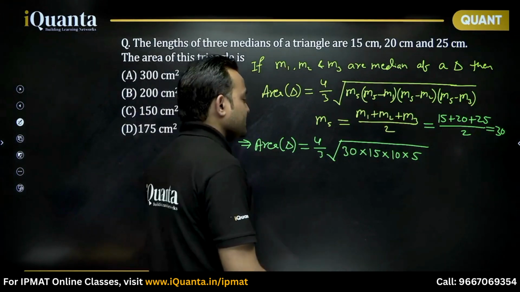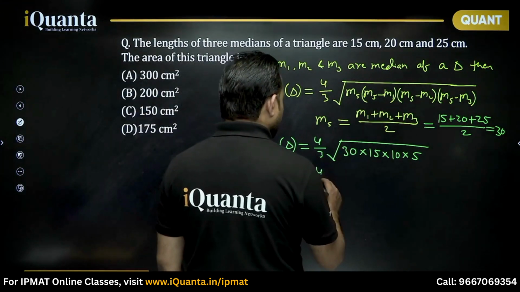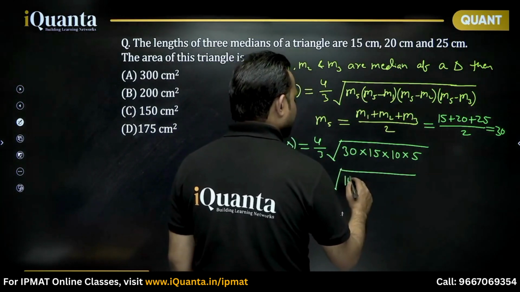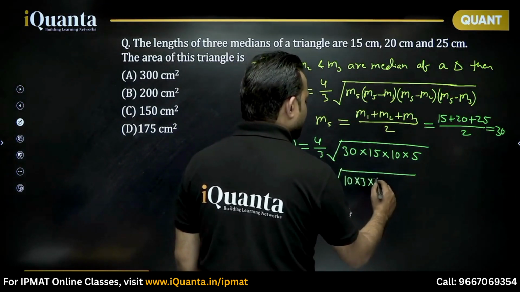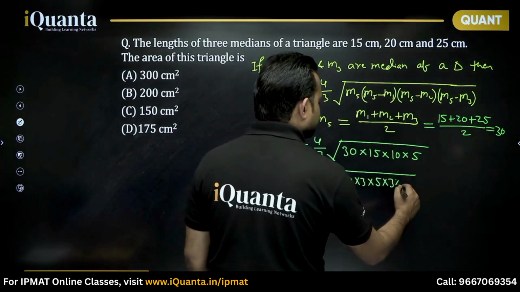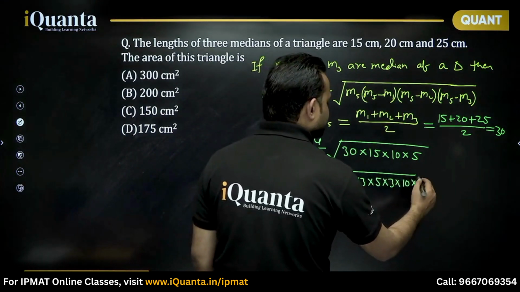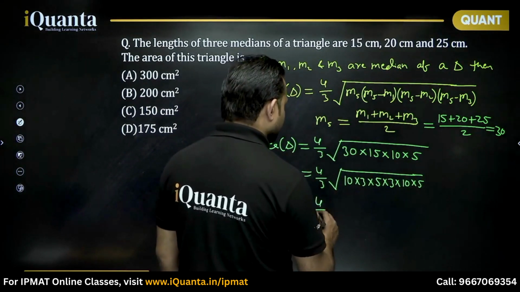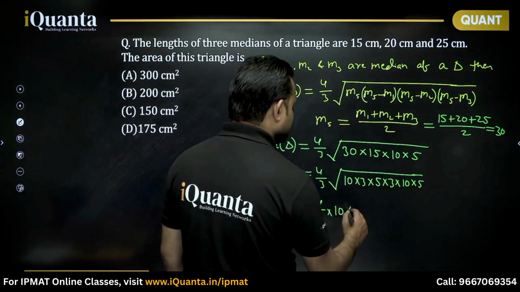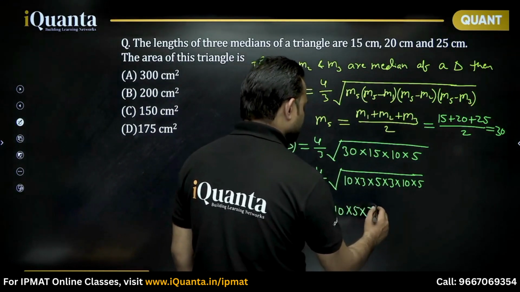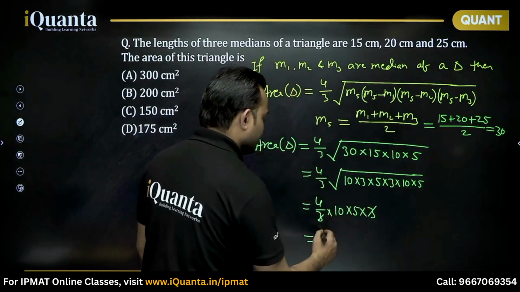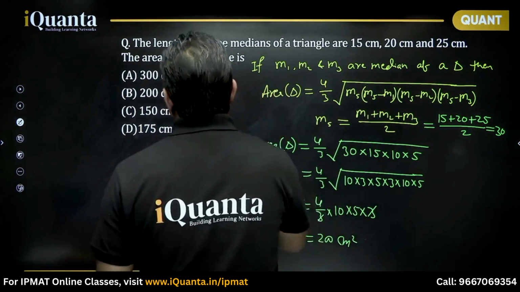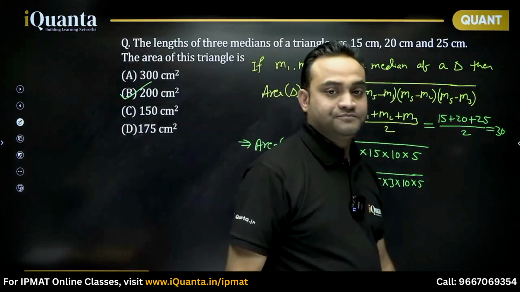We can write this as 10 into 3, 5 into 3, then 10, and then 5. So basically we have 10 square, 5 square, 3 square. So area will be 4 by 3 into 10 into 5 into 3. The 3 cancels out. 50 into 4 is 200 centimeter square, which is option B.